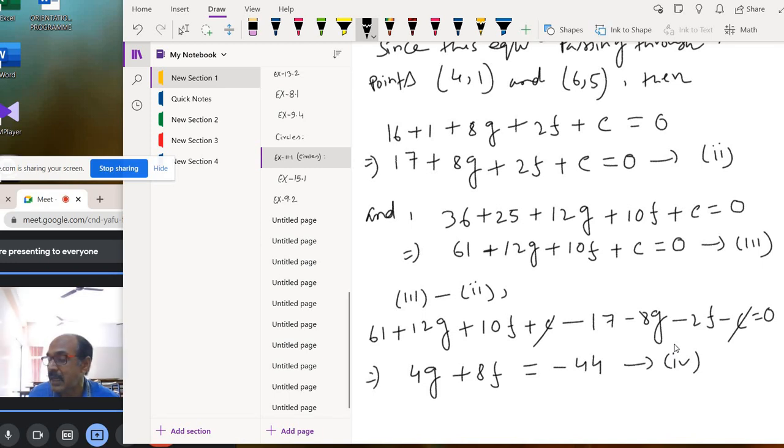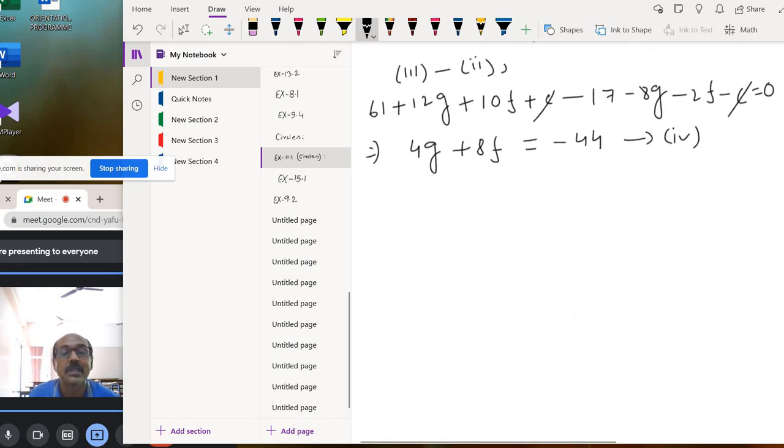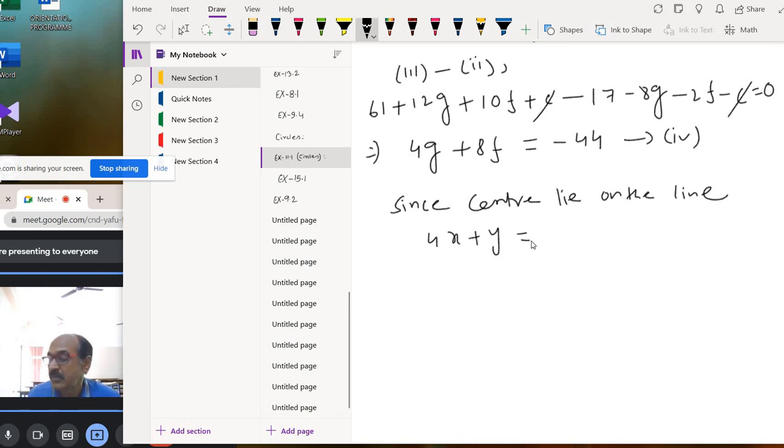The center lies on the line 4x plus y equal to 16.